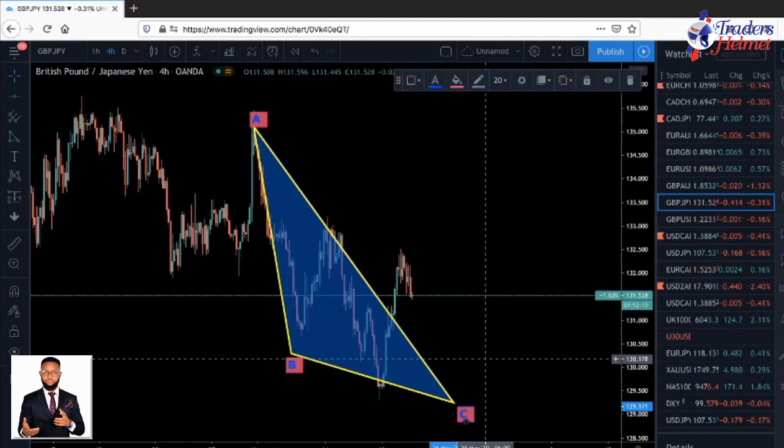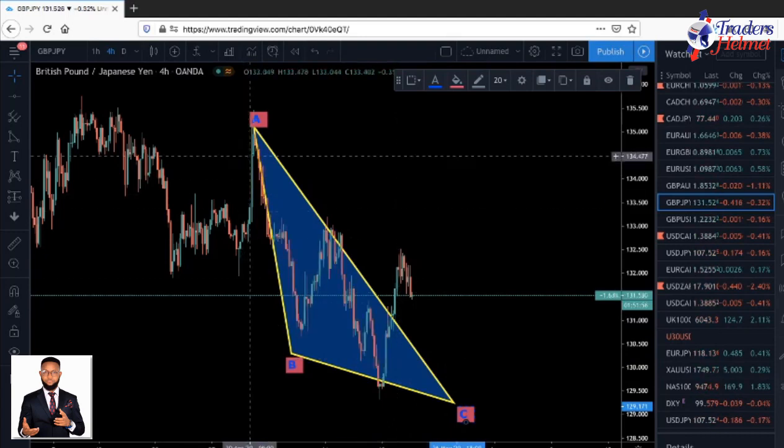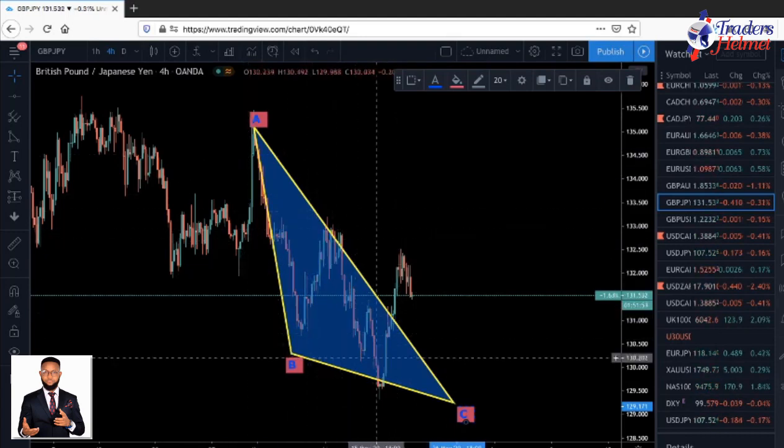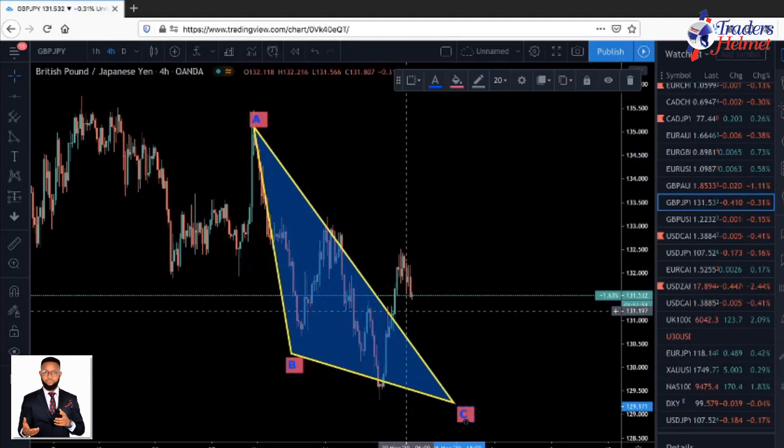Rhombus is impulse, correction, correction, impulse. You need to take this down. That's how it flows. Impulse, correction, correction, then you have another impulse flow.